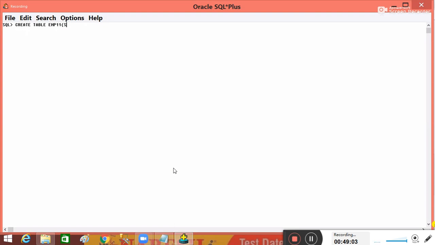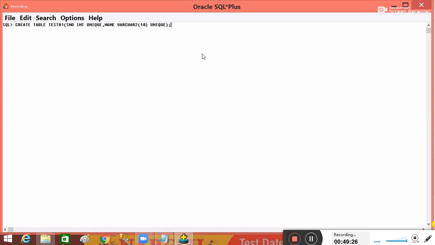Serial number integer, and here I'm applying unique, comma. Name I'm using here varchar2 of some size, and here applied unique.